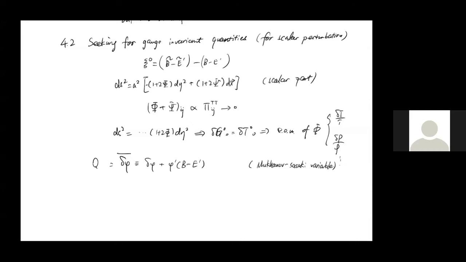You can find the equation of motion purely written in terms of Q. And the physical meaning of Q is that it is the field perturbation, that's the inflaton field, in Newtonian gauge also.